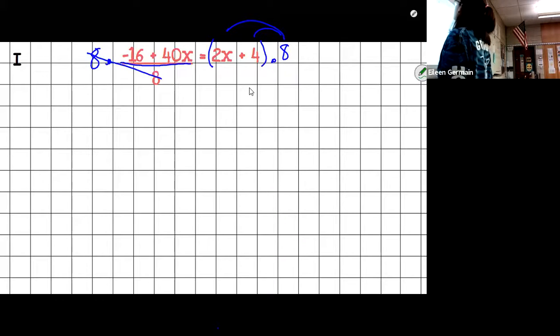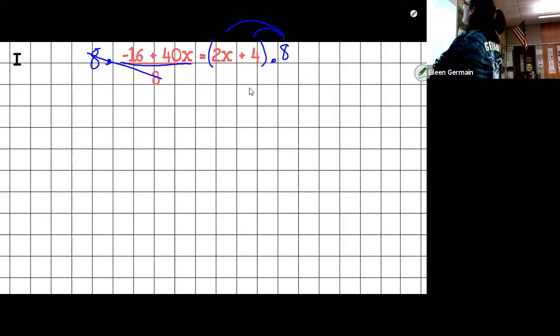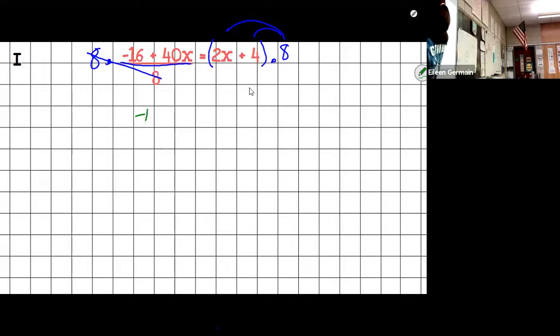John, let me know. What are you going to be left with? Keep yourself unmuted and tell me, what would I be left with when I cancel out that 8 on the left side? On the left side? Yep. Negative 16 plus 40x. Very good.